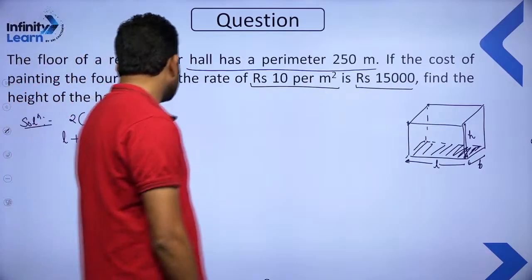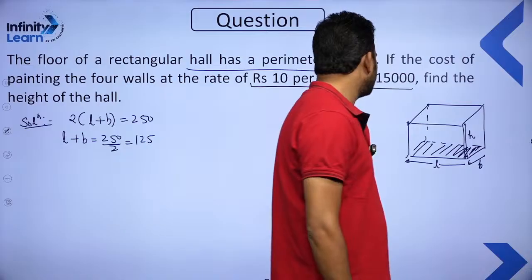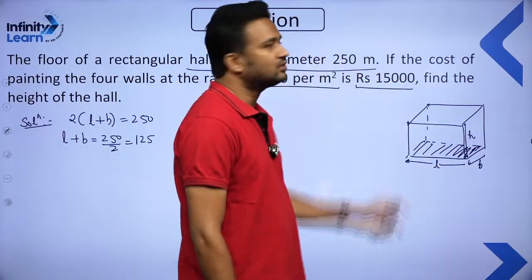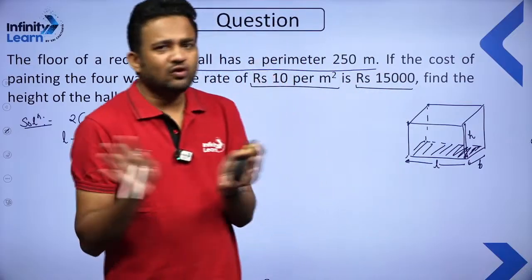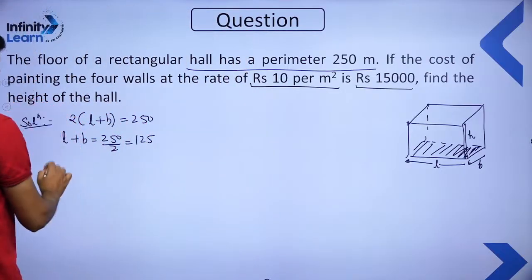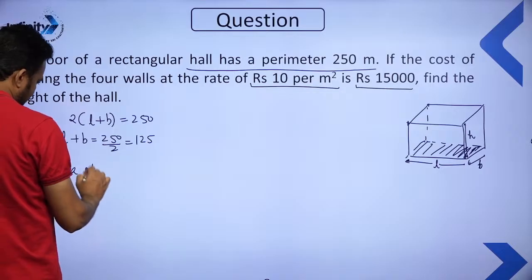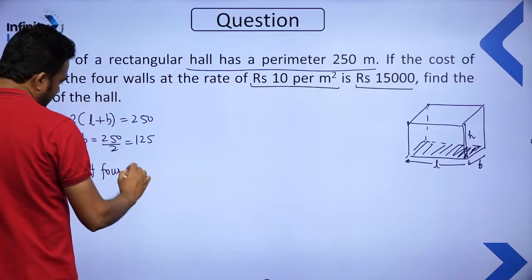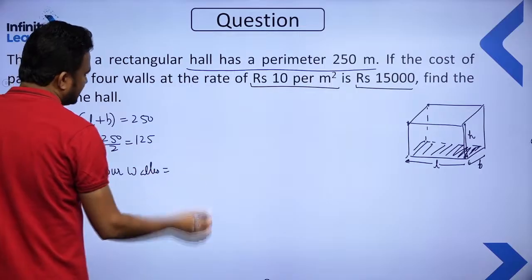If the cost of painting the four walls at the rate of rupees 10 per meter square is rupees 15,000, so let us find the area of four walls first, right? So what will be the area of four walls? Area of four walls is also called lateral surface area.